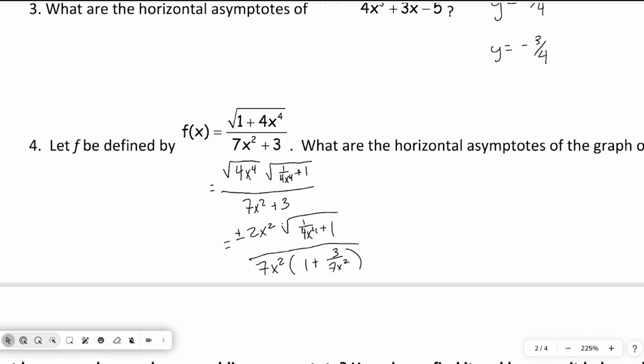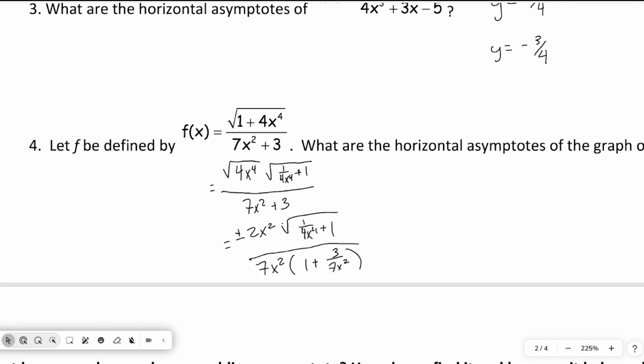You just take the square root of that, right? The 2x squared, and then they're the same degree, so you just find the ratio of leading coefficients. So you're really only caring about the largest degree terms.